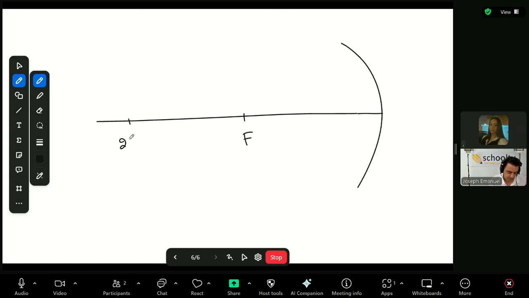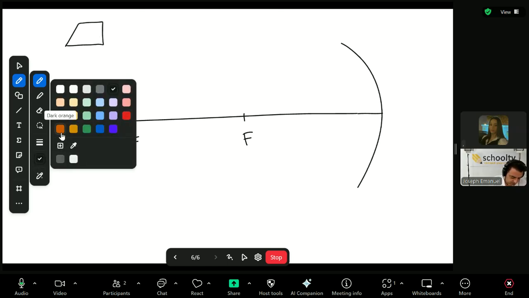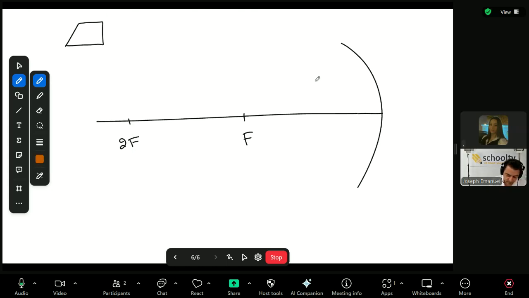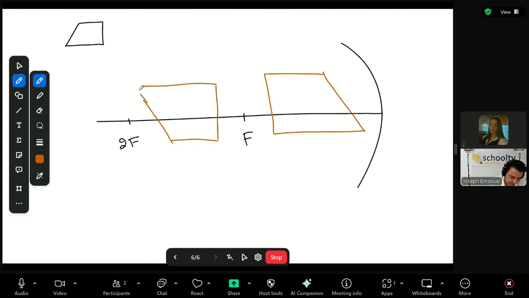You have here F to 2F. If this is the real image, what you will see here is a bigger shape like this. Here you will see a shape like this. Here you will see the same size. On 2F you will see the same size.